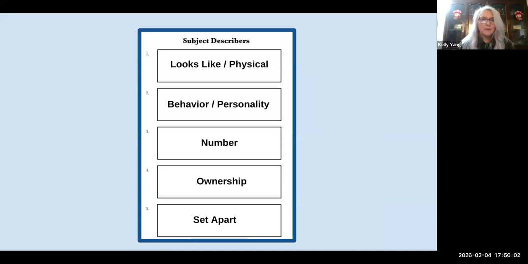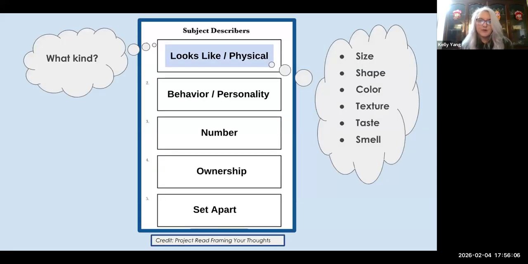We're going to show you a little bit more in the next few slides of how you could break this down for your students. So the first type of adjective that we teach is looks like, or physical. That comprises size, shape, color, texture, taste, and smell.